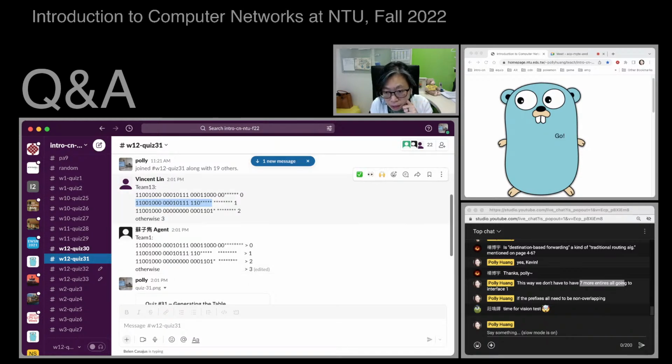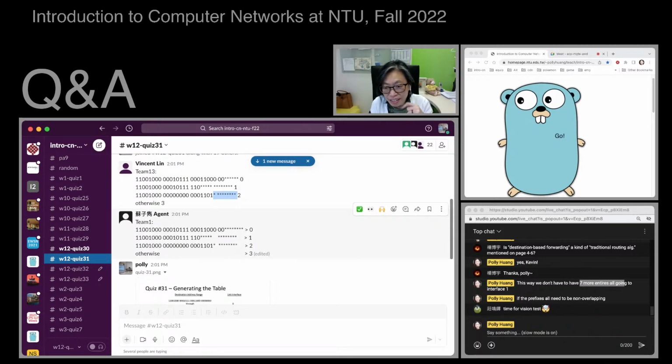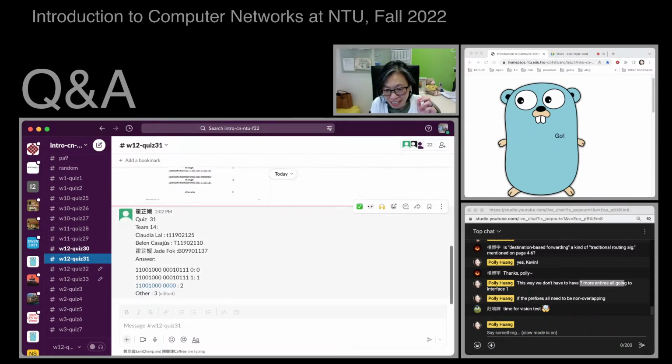And the last entry matches all 7 bits in the third octet, because the IP addresses begin to differ from the last bit of the third octet. Otherwise, interface 3, exactly. Zijun, very well formatted, it's a lot cleaner to see.